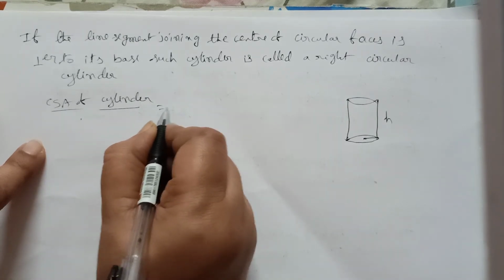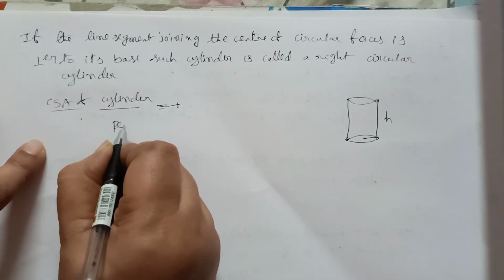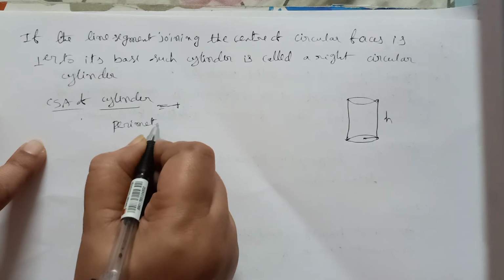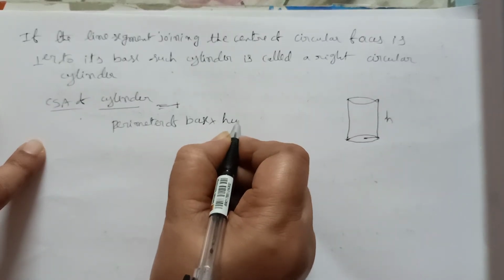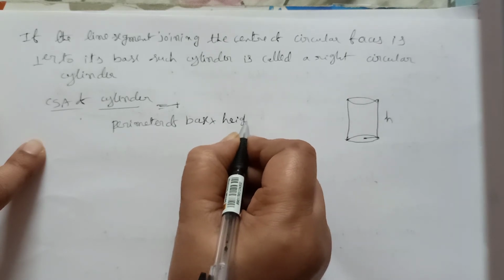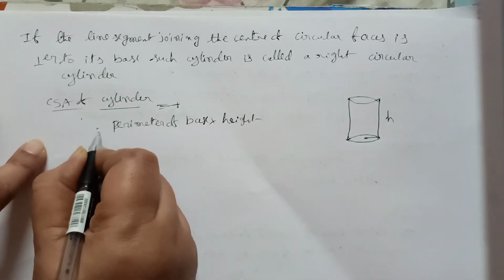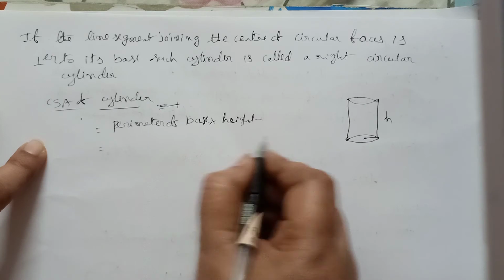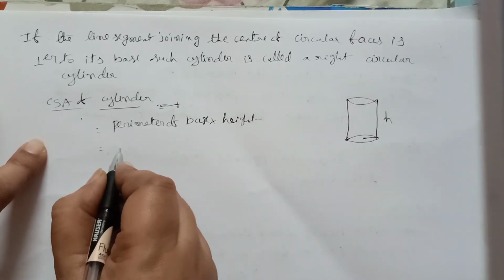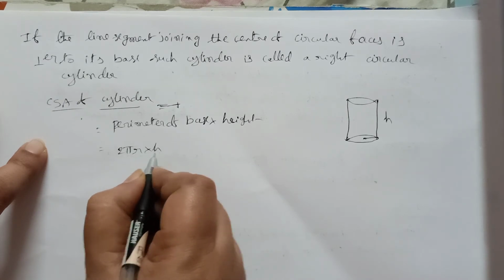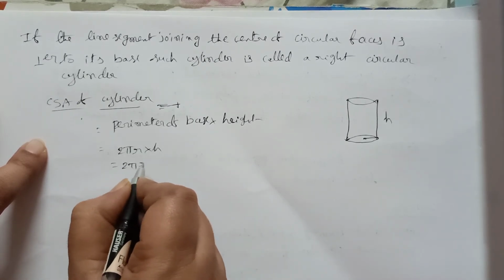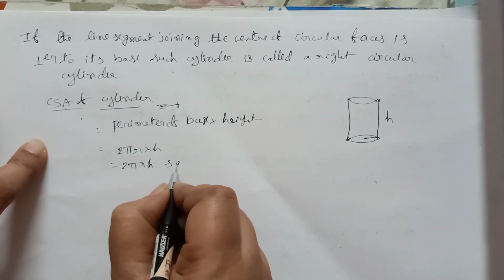CSA of cylinder is perimeter of the base into height. The perimeter of the circle is 2 pi r, into height, so that is 2 pi r h square units.